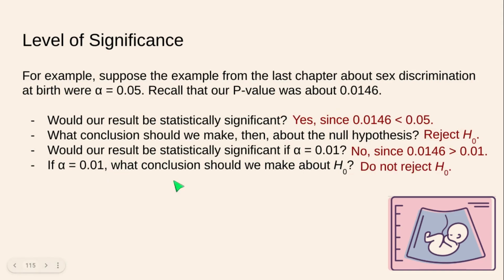Alpha equals 0.01. What conclusion should we make about the null hypothesis? Do not reject it. The p-value is not less than our level of significance alpha, so we should not reject the null hypothesis. So we see here a little bit of a push and pull.